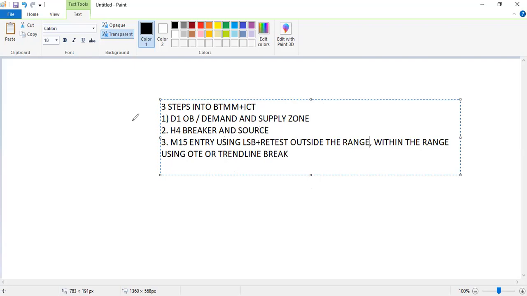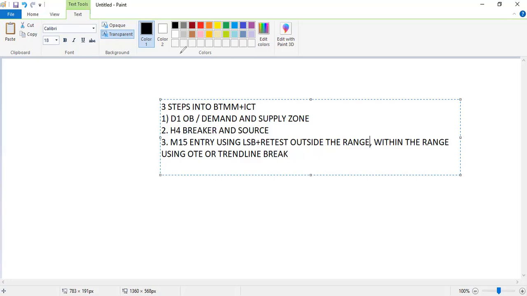If it's a supply zone or bearish order block on the daily time frame, we anchor the breaker and source from there on H4, and we enter from M50. Does that make sense? Three steps. Are you okay with that? Okay.